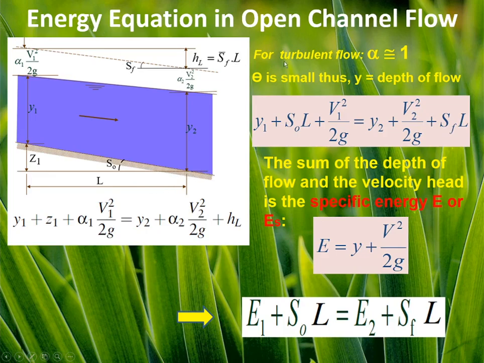Therefore, the energy equation in gradually varied flow, or even in varied flow, it is not important whether it is gradually varied or not, is E1 plus S0L equals E2 plus SfL.